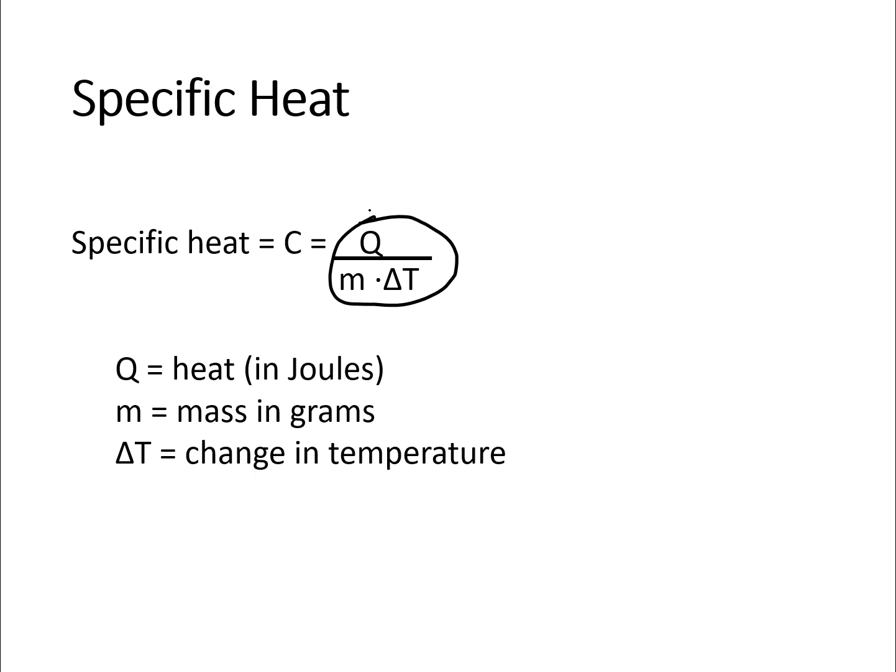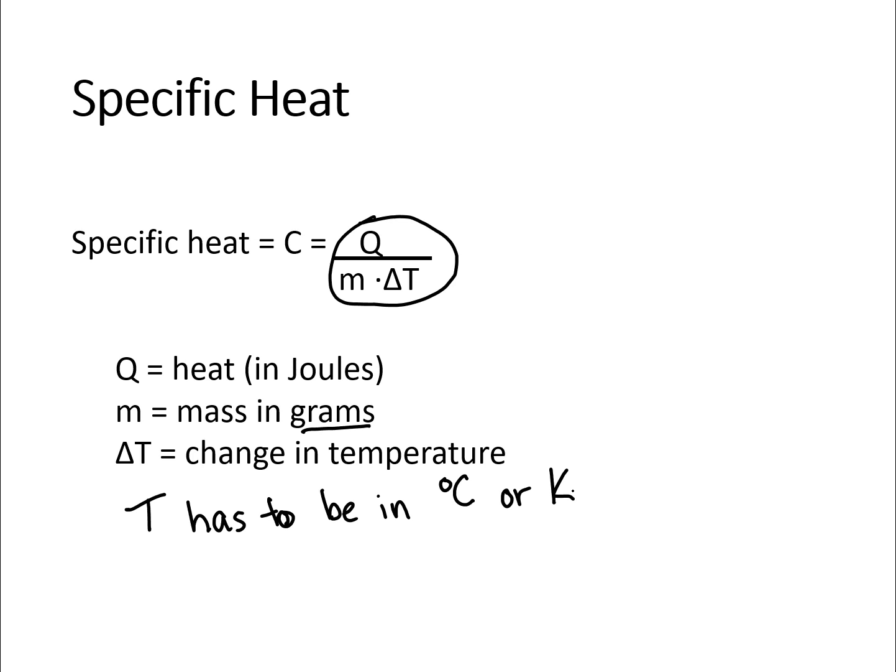Q is the heat in joules, which is energy. M is the mass in grams. And delta T is the change in temperature. The temperatures have to be in either degrees Celsius or Kelvin.